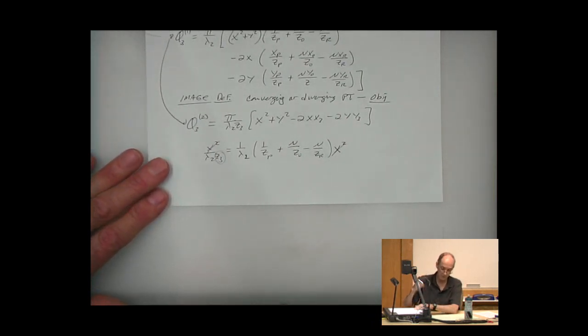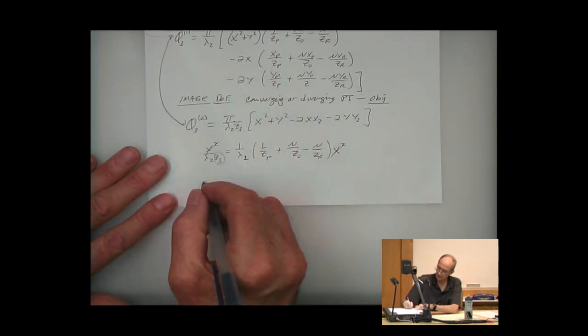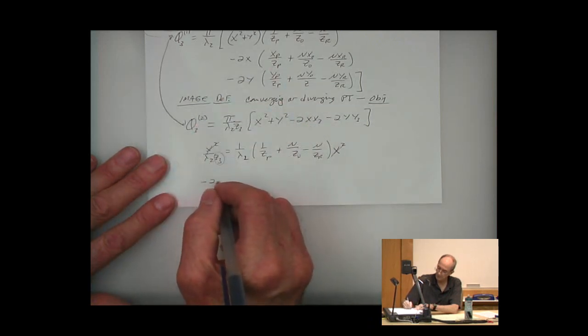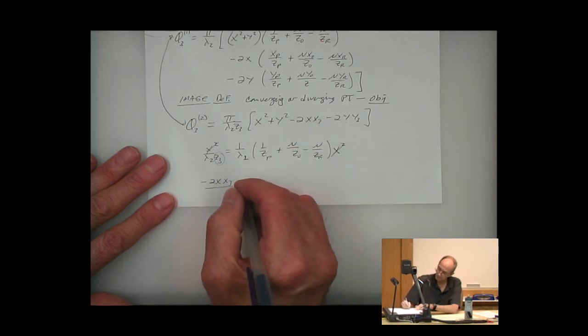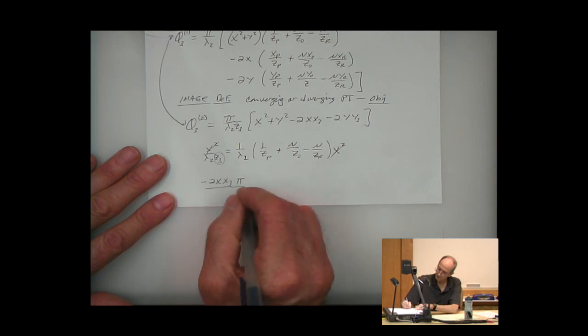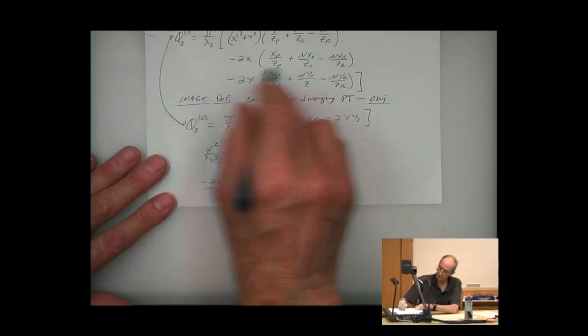Okay, and similarly for the x parts, we have a minus 2x x3 times pi over lambda 2 z3 from this part, and we set that equal to that part.